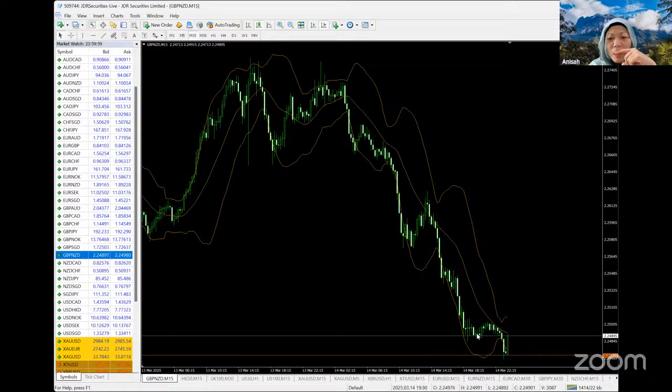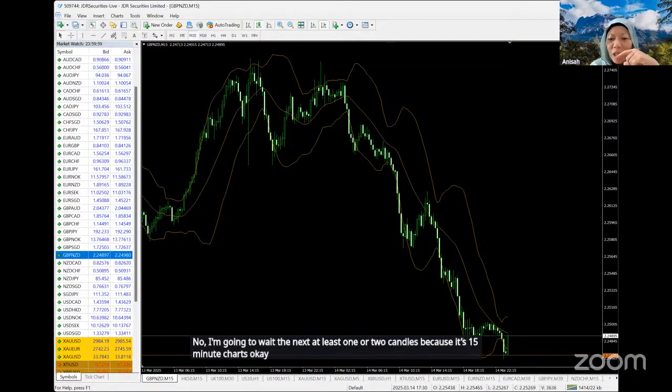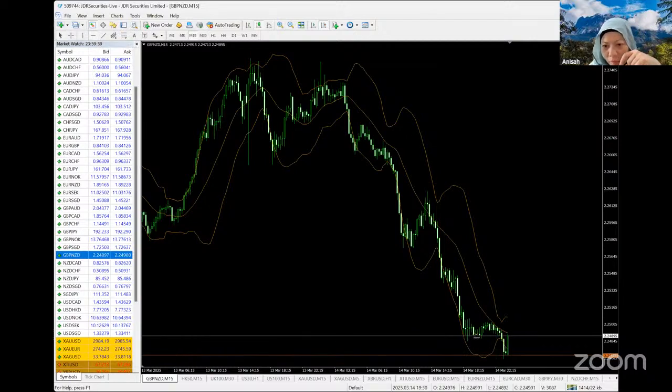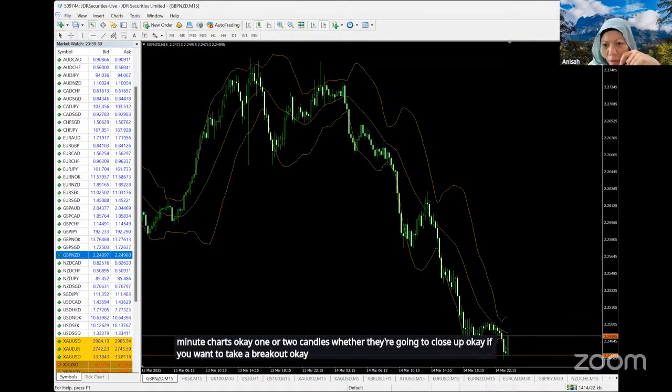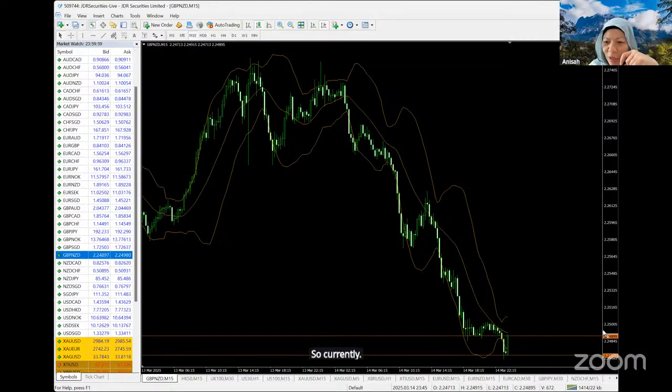I'm going to wait the next at least one or two candles because it's 15-minute charts, whether they're going to close up, if you want to take a breakout. So currently, price closed at this level, the base of the previous low.